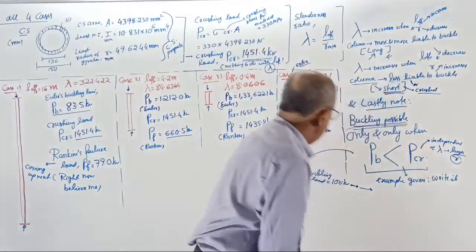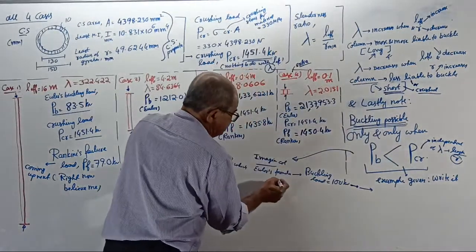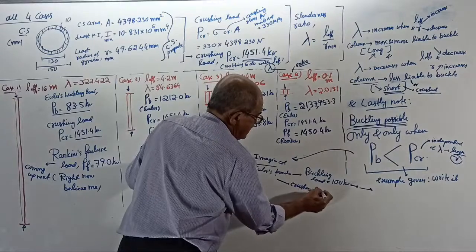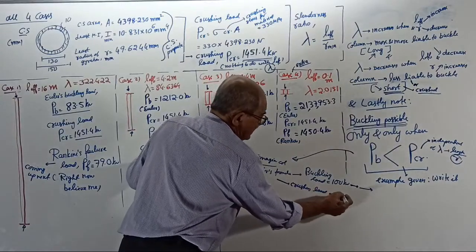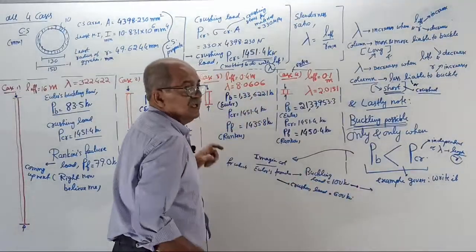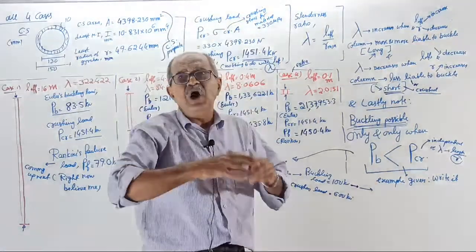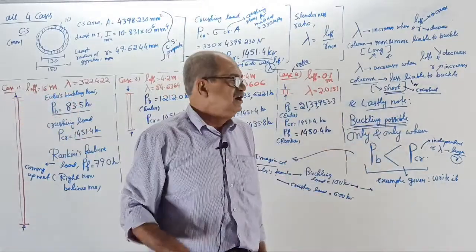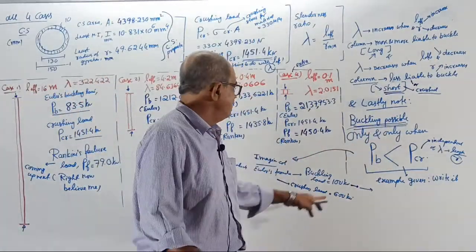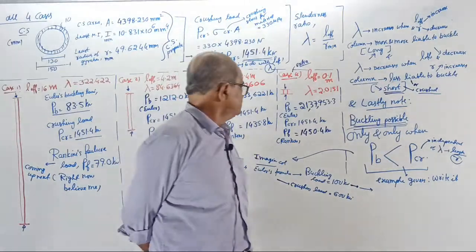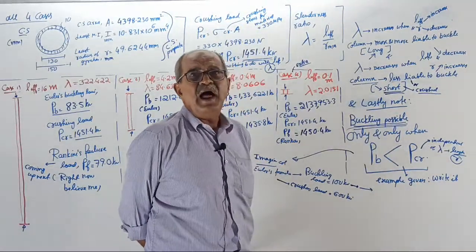Now, the same column, it is found out that crushing load is 600 kilonewton. That is, if the load reaches 600 kilonewton, column will get crushed. It will become pieces.